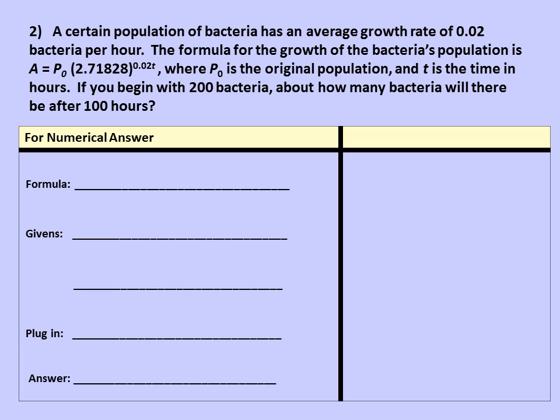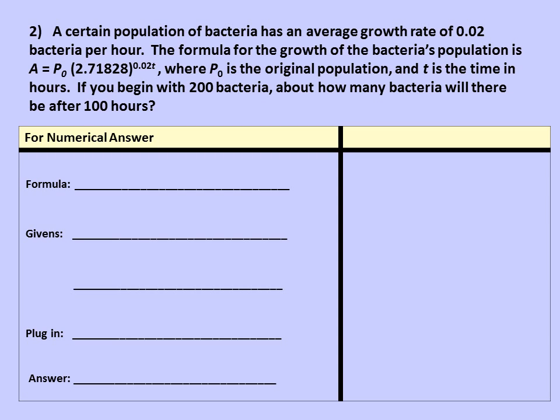Question number 2. A certain population of bacteria has an average growth rate of 0.02 bacteria per hour. The formula for the growth of the bacteria's population is, look at that formula, A equals P0, open parentheses, 2.71828, close parentheses.